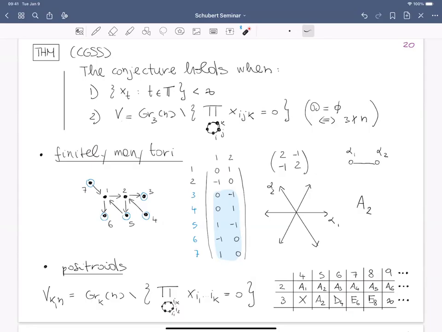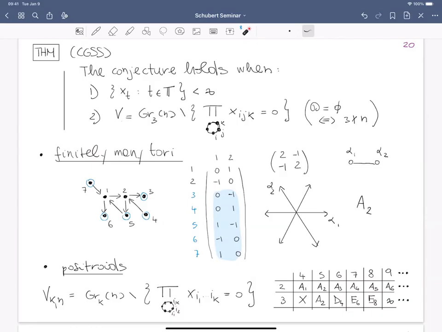So Fomin and Zelevinsky, after introducing cluster algebras, realized that this is something you can always do to a cluster algebra. You can always Cartanize a certain part of the mutation matrix and get some corresponding root system, and they were able to show that the root systems of finite type precisely correspond to cluster algebras such that when you mutate, the possible sets of labels that show up on the quivers are finite.